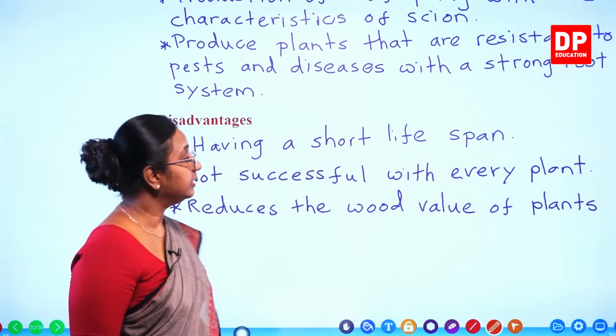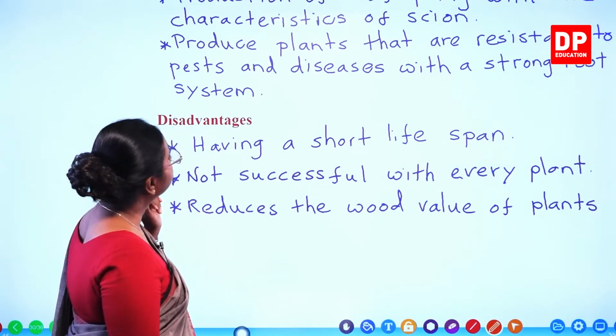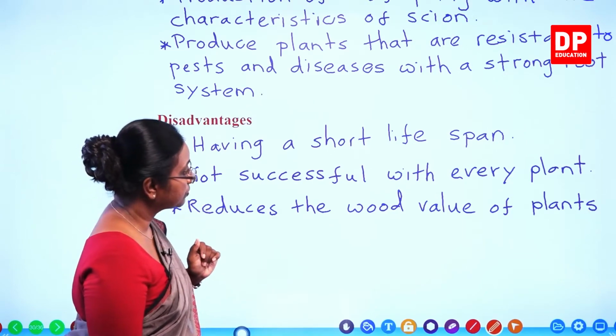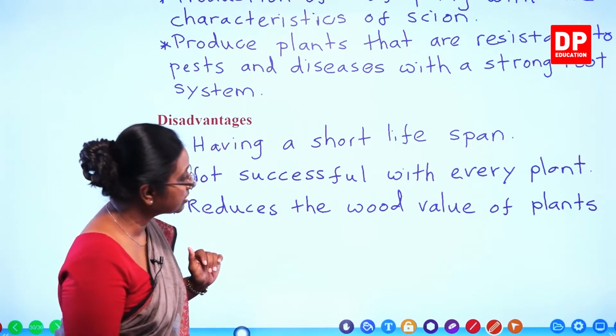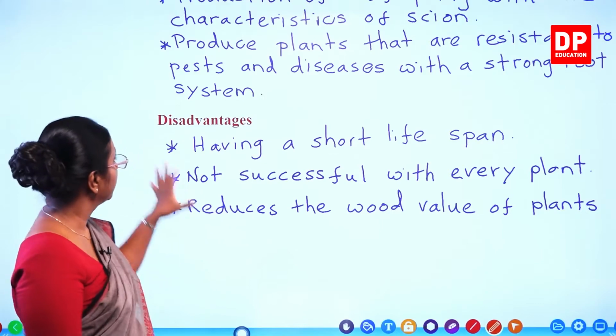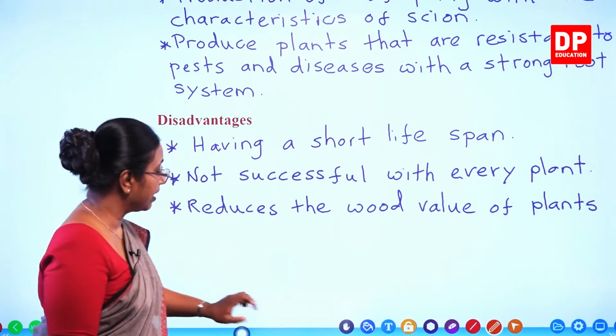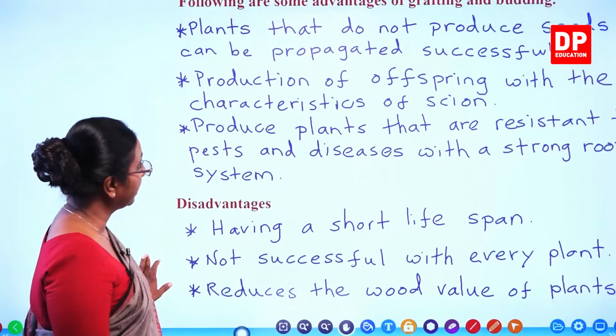So those are the disadvantages: having a short lifespan, not successful with every plant, and reducing the wood value of plants. Those are the disadvantages of grafting and budding.